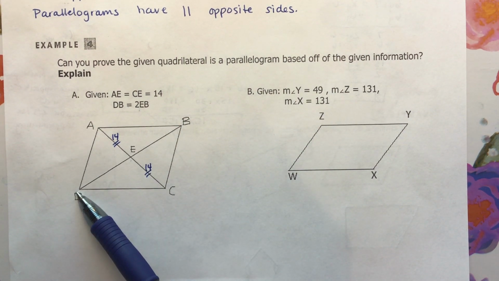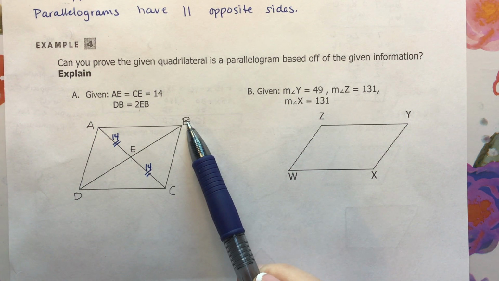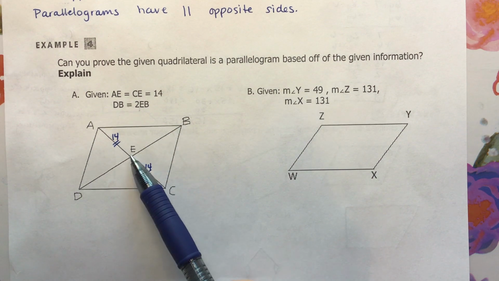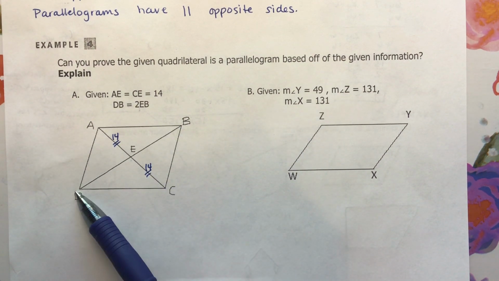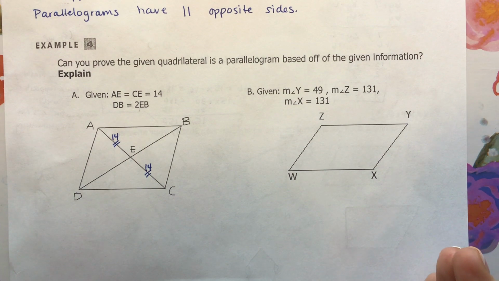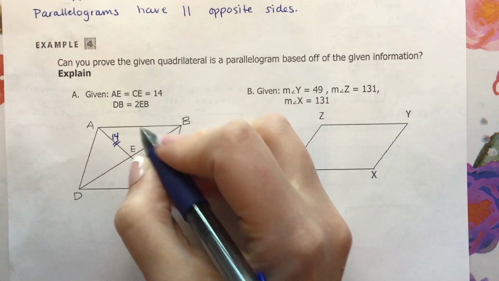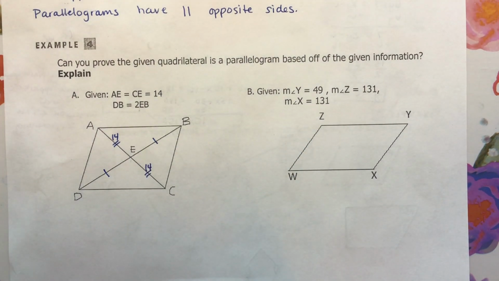So if this guy is equal to 2 EBs, and this is cut into 2 parts, then we would have to conclude that this guy is congruent to that guy.